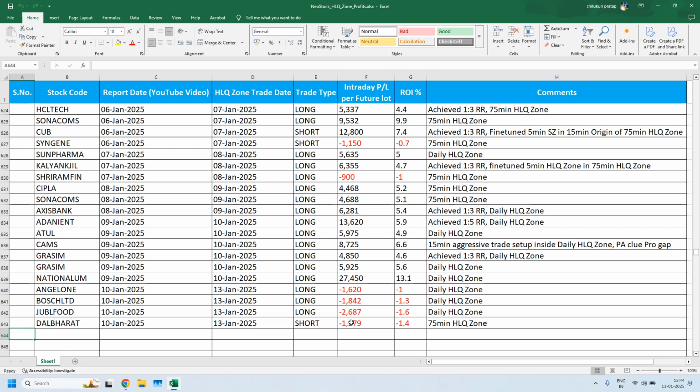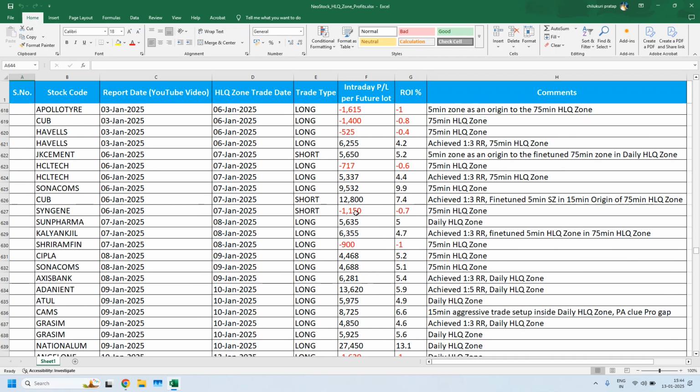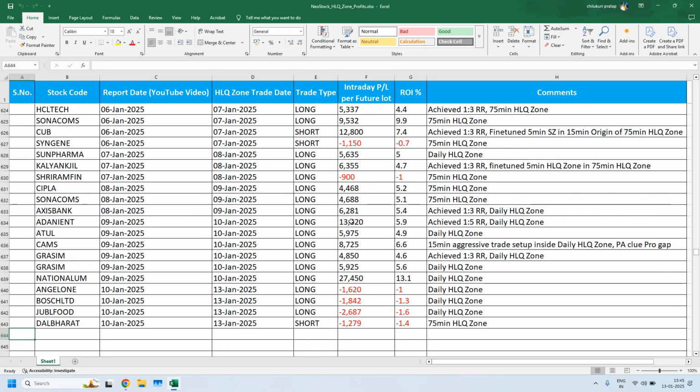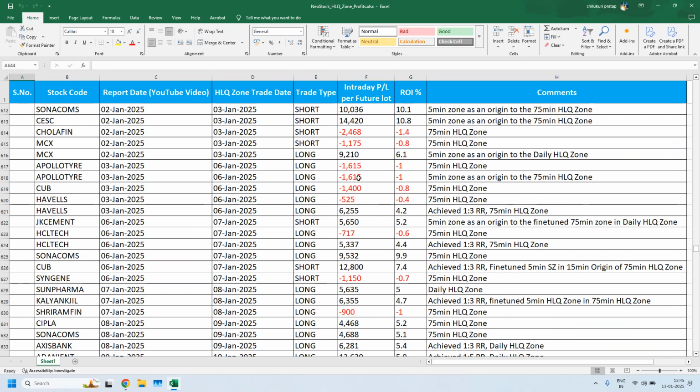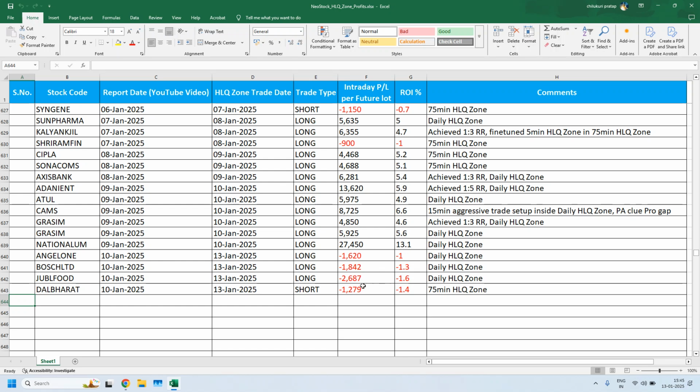It seems this January is not a good month for HLQ zone traders. But on the remaining days we got good trades. Even though a few trades were stopped out, overall we got good trades. Only this Monday and last Monday, all the trades were stopped out.